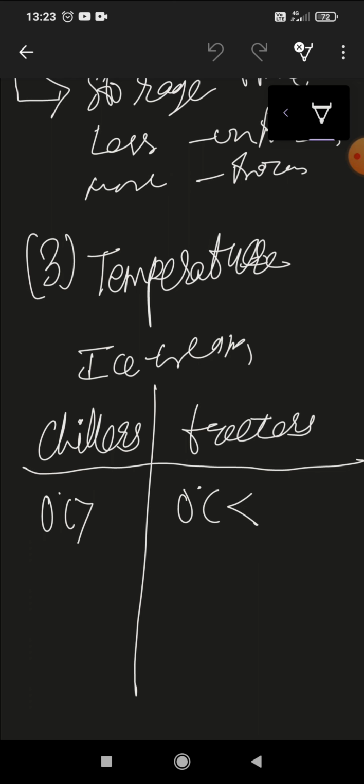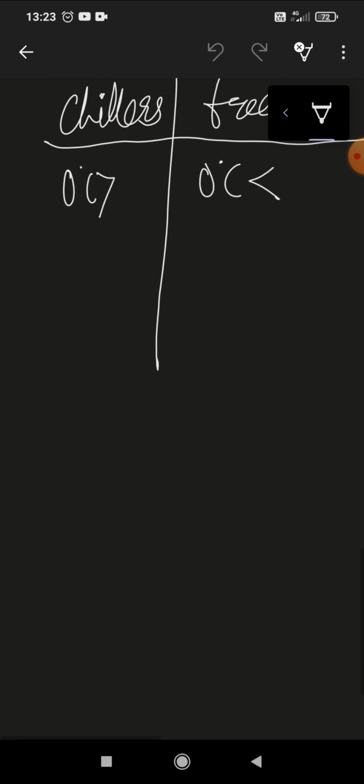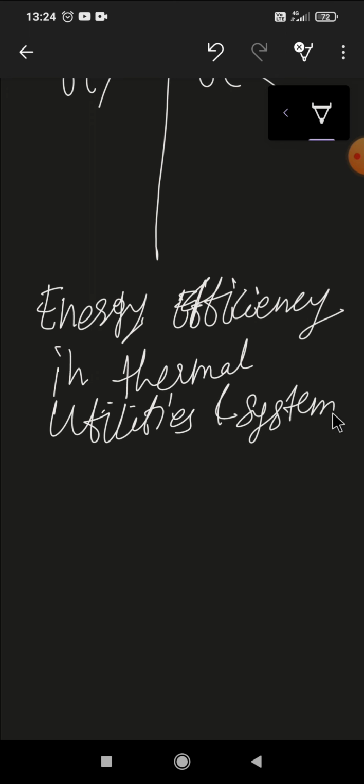This ends the chapter on energy efficiency in thermal utilities and systems.